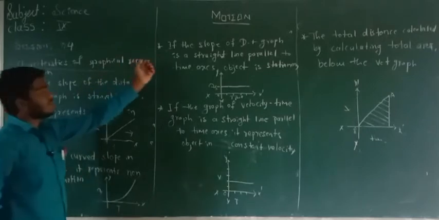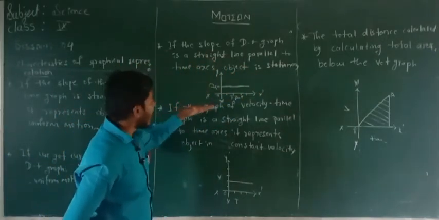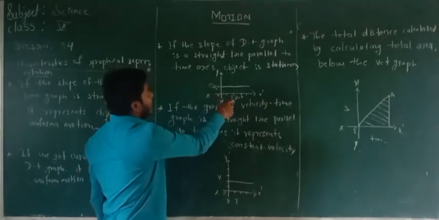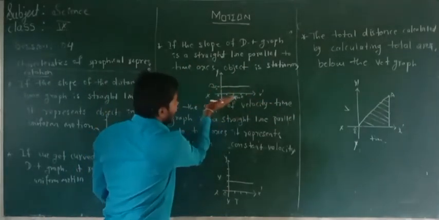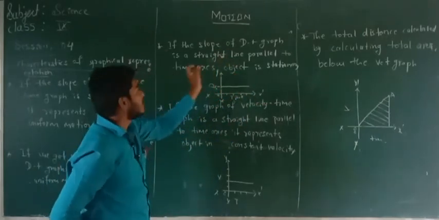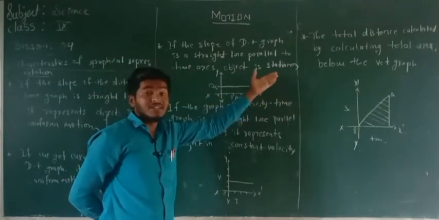And if the distance-time graph is a straight line parallel to the time axis, this represents an object that is stationary.